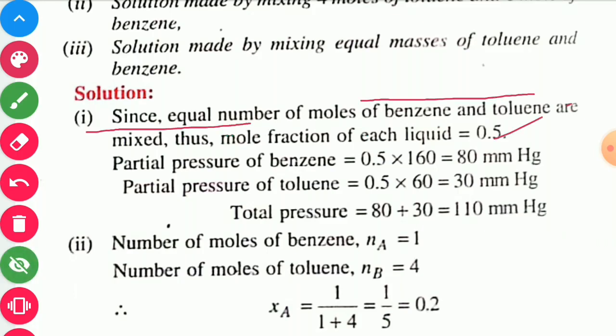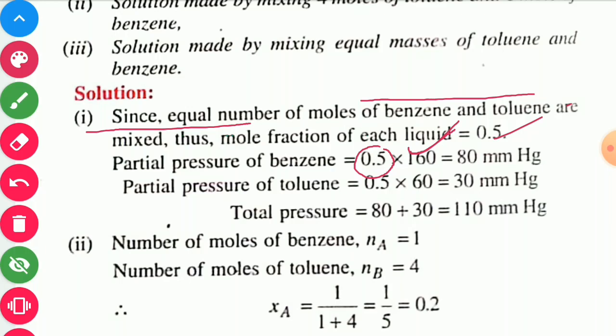Therefore, the partial pressure of benzene will be equal to 160 into 0.5. Here 160 is the vapor pressure of benzene in the pure form and 0.5 is the mole fraction. Therefore, it will be equal to 80 mmHg. Similarly, the partial pressure of toluene will be equal to P naught toluene into the mole fraction of toluene.